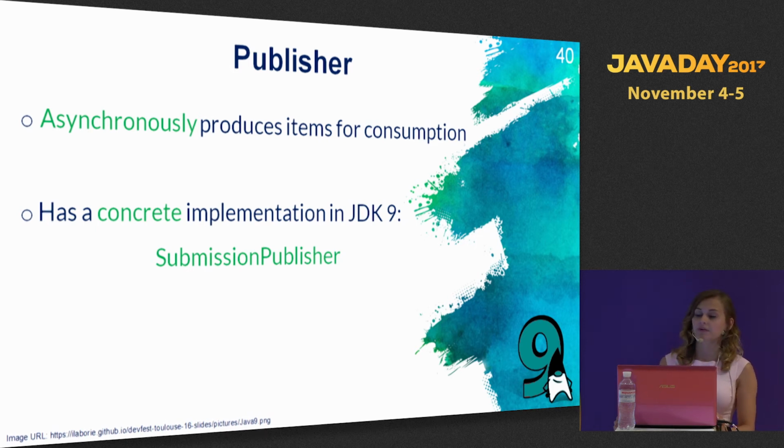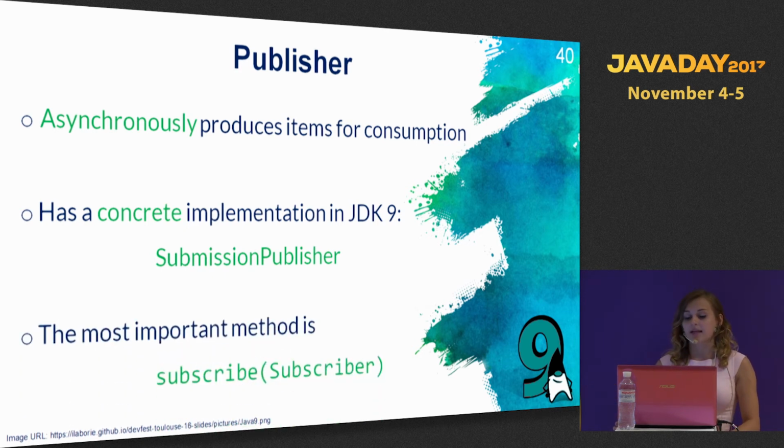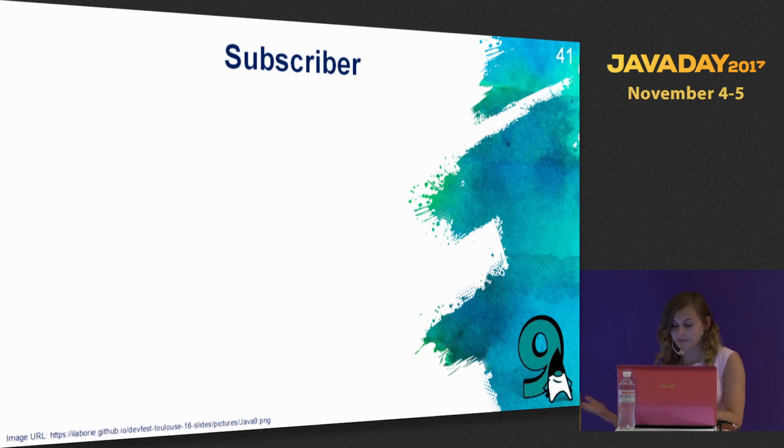So it's better to avoid implementing them by yourself, but try using the default implementation. And Java provides SubmissionPublisher. We'll look at it a bit later. And the most important method here is subscribe, which adds a given subscriber. This is how we pass in the subscriber.